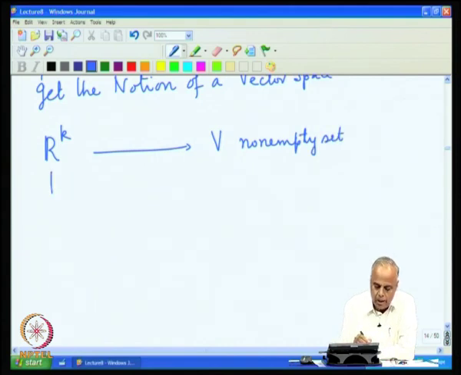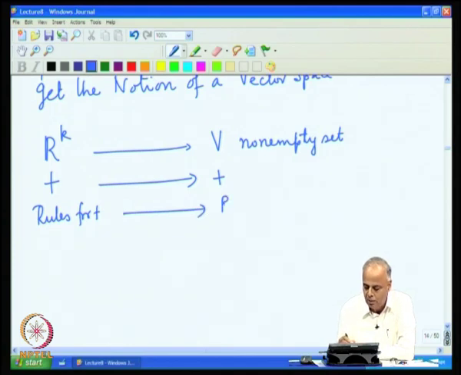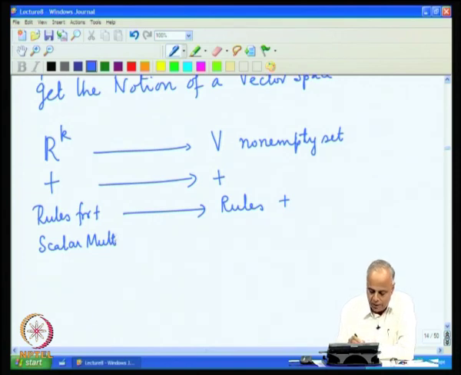Then on Rk we had an addition that will have to be generalized to an operation plus on V. Then we had the rules for plus and they will have to be generalized as rules for plus. Then we had scalar multiplication here. What is meant by scalar multiplication?